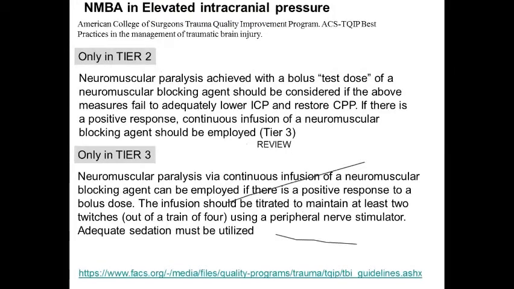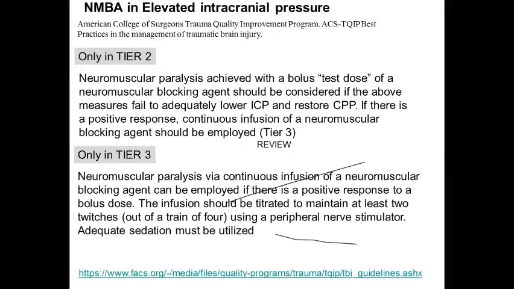Now, if you look at the American College of Surgeons Trauma Guidelines in 2015 and updated in 2018, they mention that if you want to use it, you have to use it in the second tier of your intervention. If the ICP is high, regardless of all the measures that you've been doing for your patient, then give only a bolus of cisatracurium.